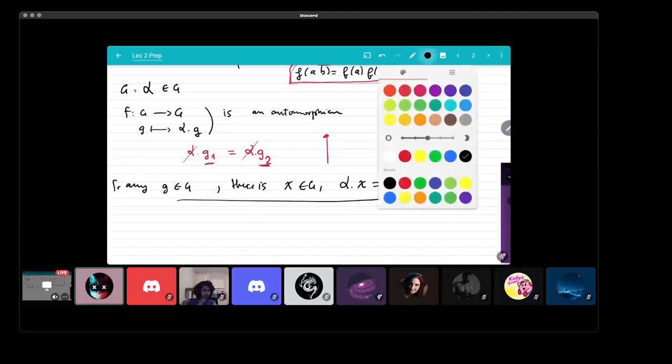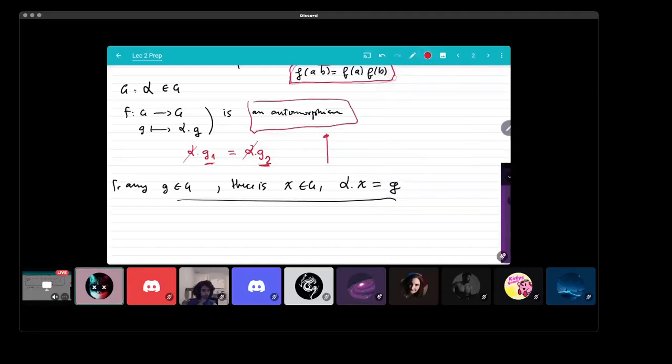So this is indeed an automorphism. Sorry, Ren, I think this one is translation. Oh, translation, yeah, right. Thank you. This is translation by alpha.